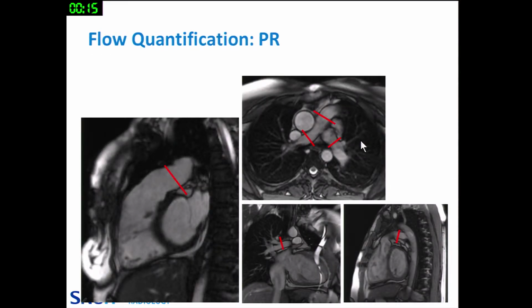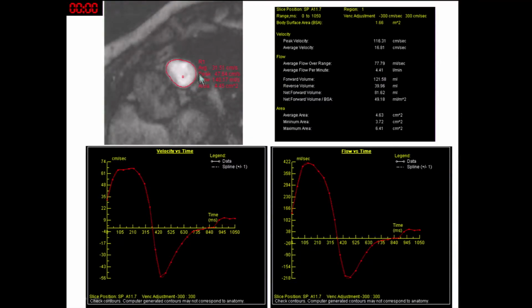The beauty of the MRI is that it can measure the flow amount through the vessel. That's flow quantification. In this case of pulmonary regurgitation, we routinely put the flow quantification at the main pulmonary artery and both branch pulmonary arteries. And the flow through this area can be demonstrated by a velocity time curve and a flow time curve.